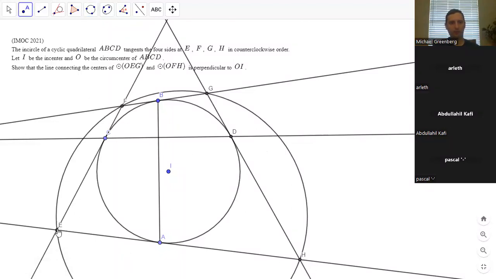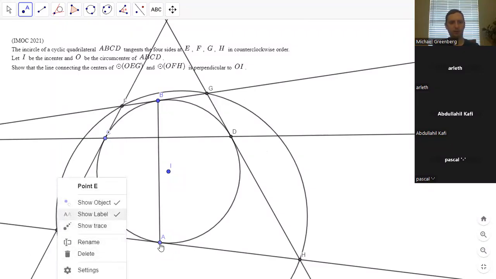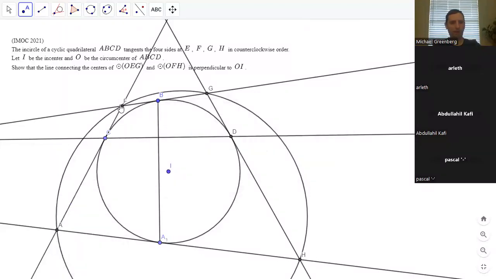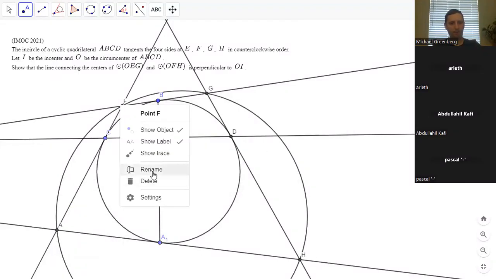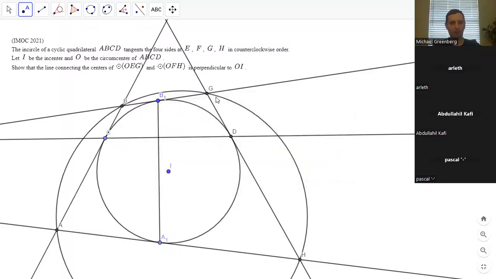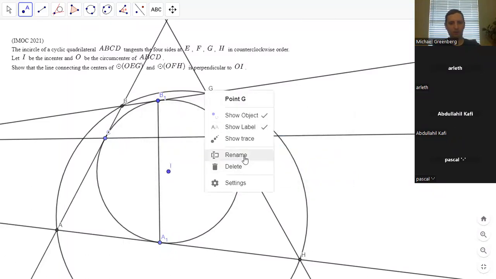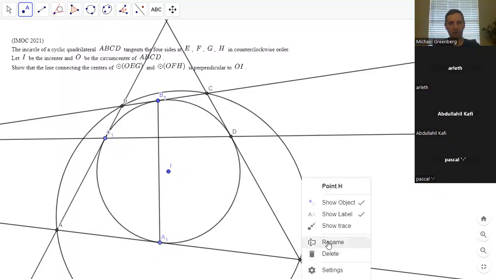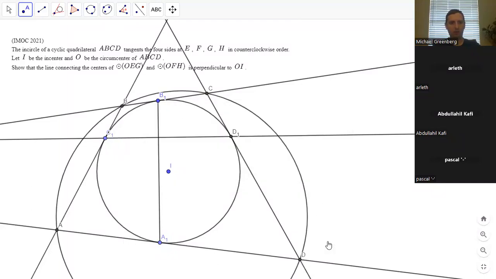So ABCD should be the quadrilateral. EFGH should be the points of tangency. So A, B, C, and this is D. And then it says in counterclockwise order.